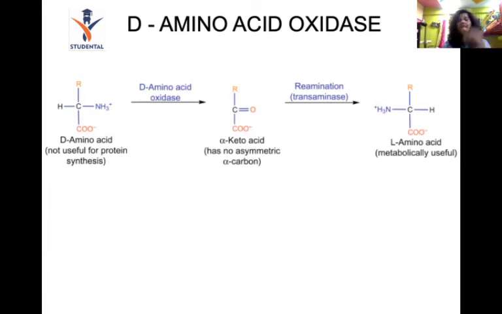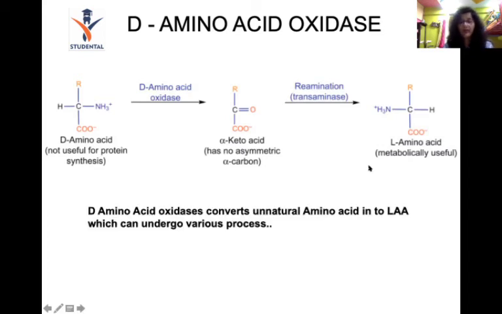So significance of D-amino acid oxidases, it converts unnatural amino acid into L-amino acid, which can undergo various processes. So here we end the discussion of all the three enzymes which are responsible for oxidative deamination.